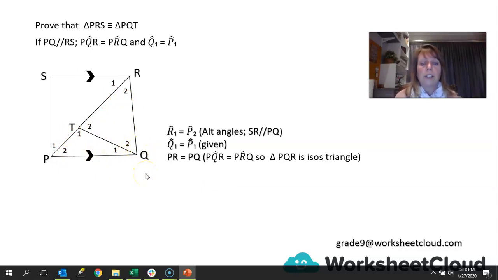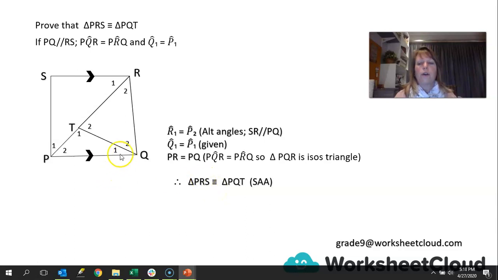We'll get it right eventually, grade 9, sorry. And so we have, therefore those two triangles are equal because it's side, angle, angle. They're not equal, they're congruent. Okay, remember that's your sign for congruency.